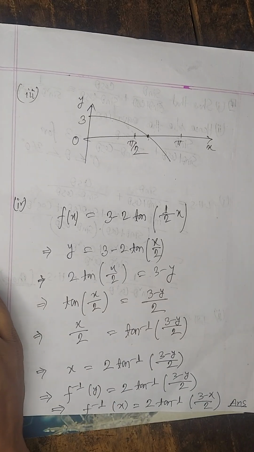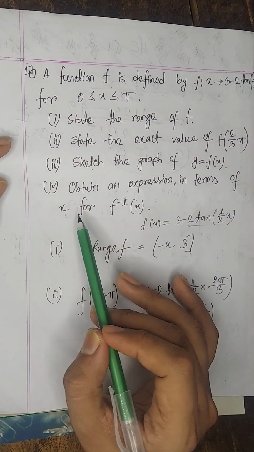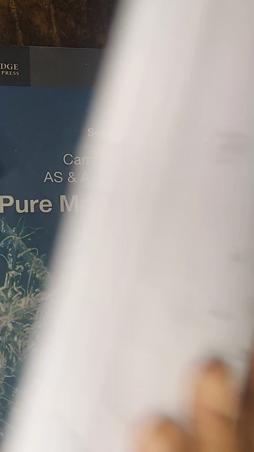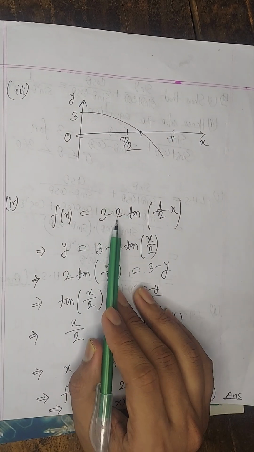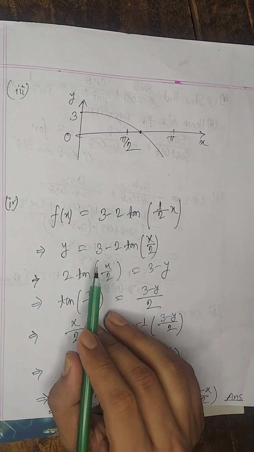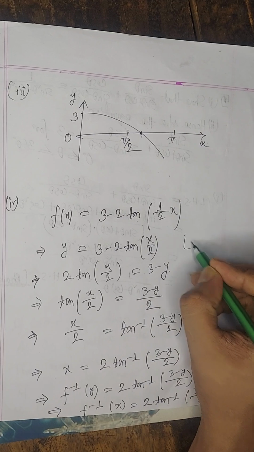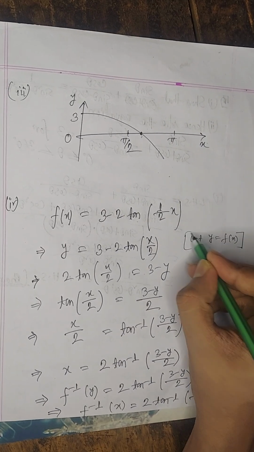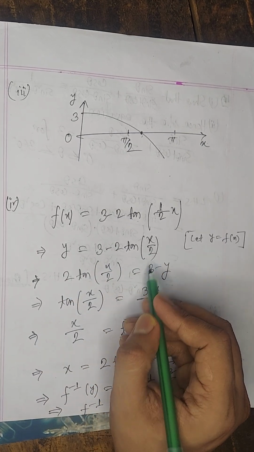Now we were given another part in our question: we have to obtain an expression in terms of x for f inverse of x. That means we have to find the inverse of the given function. Our given function is f(x) = 3 - 2 tan(x/2). Let y = f(x). Then y = 3 - 2 tan(x/2).